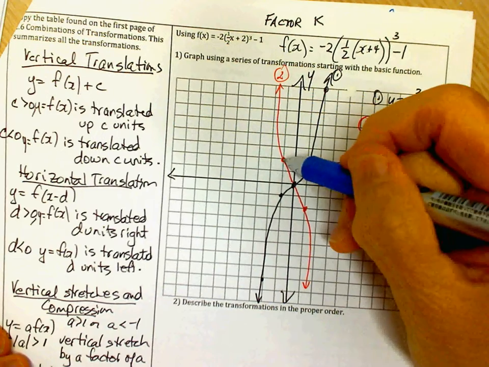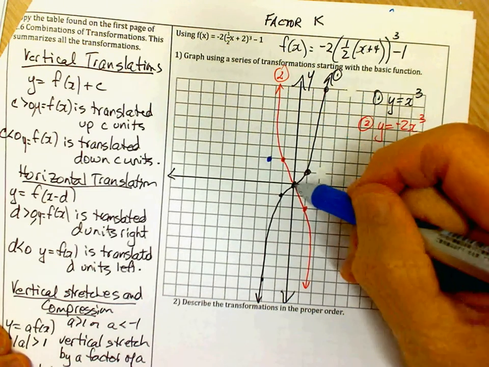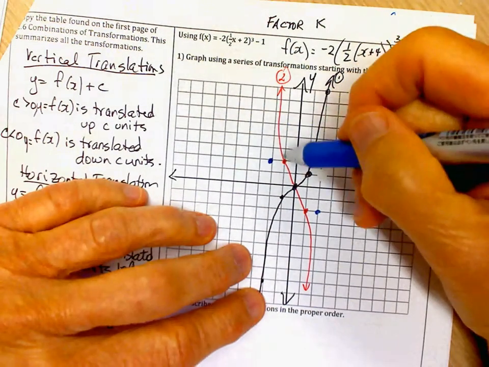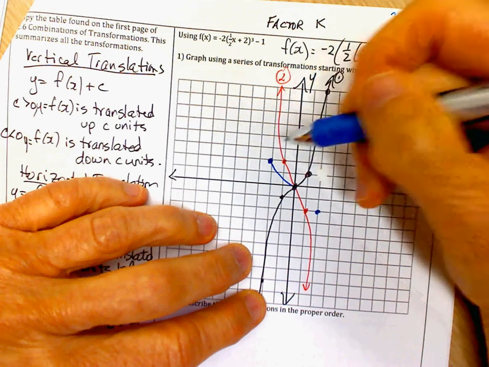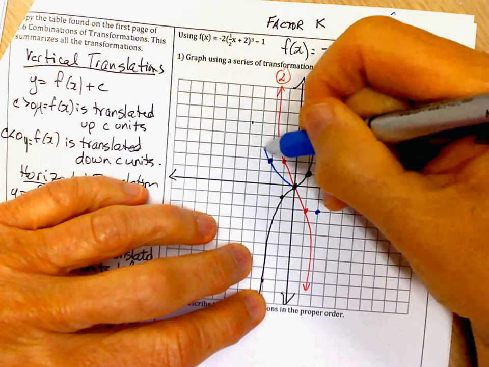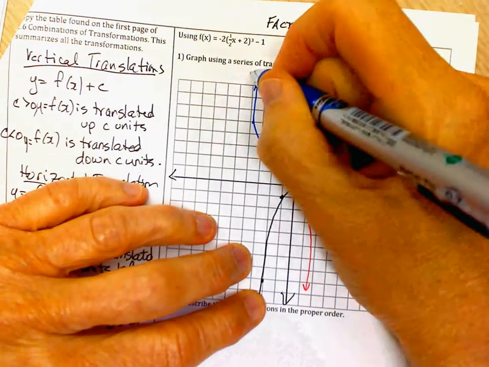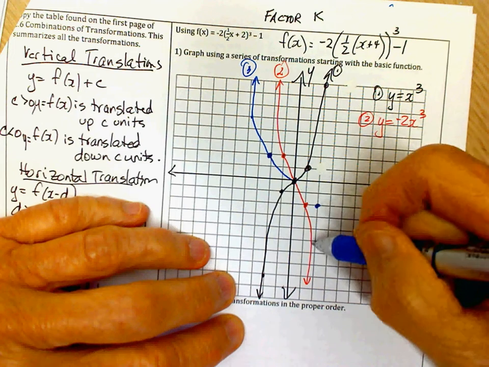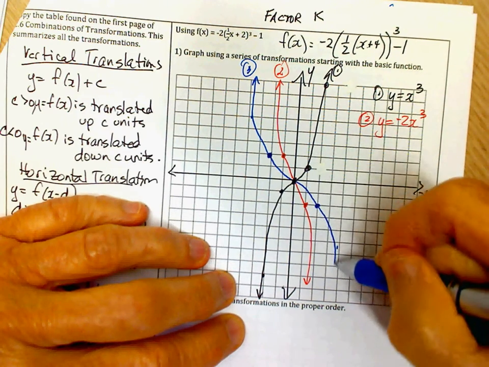So this graph is going to look like this. That goes over there someplace, right? This is our graph number 3. And we're stretching it horizontally. So it can end up there. Okay? So graph number 3 is y equals negative 2 times (1/2 x) cubed.